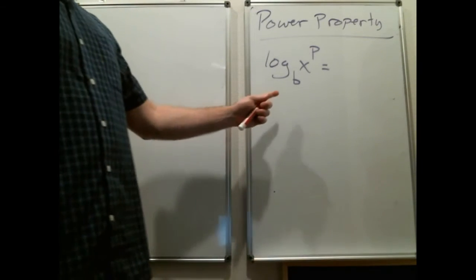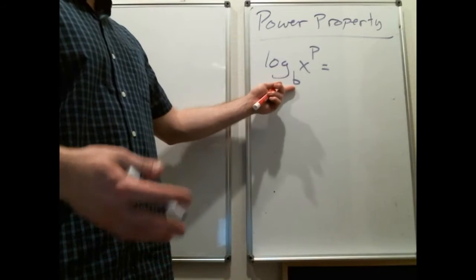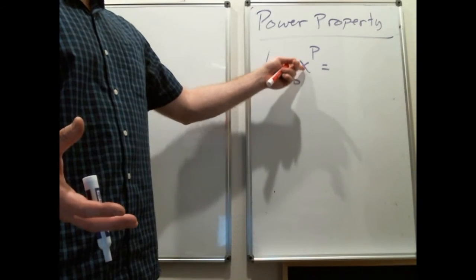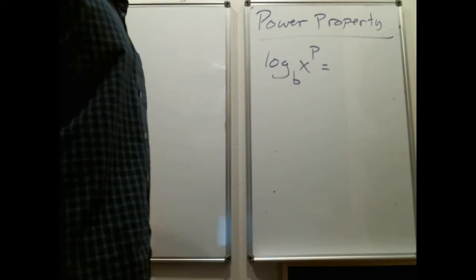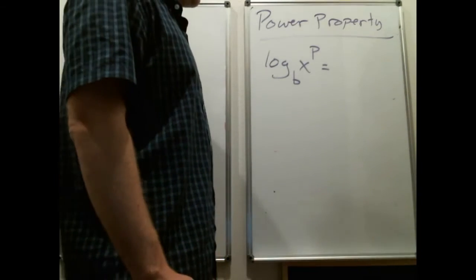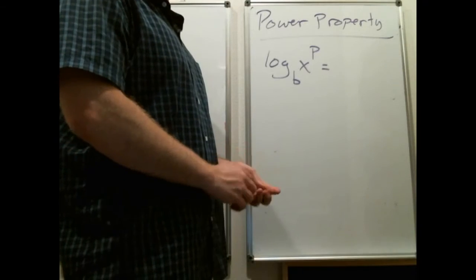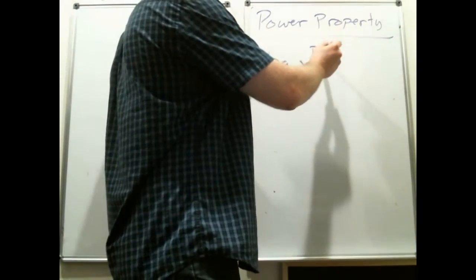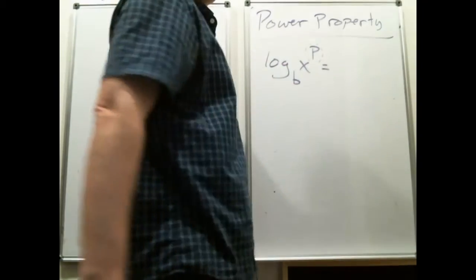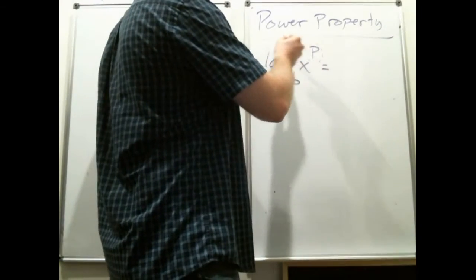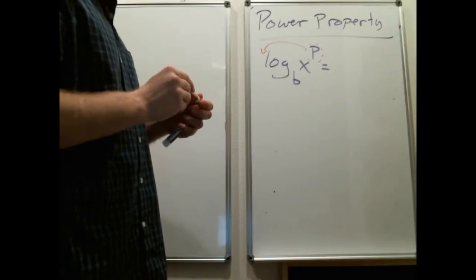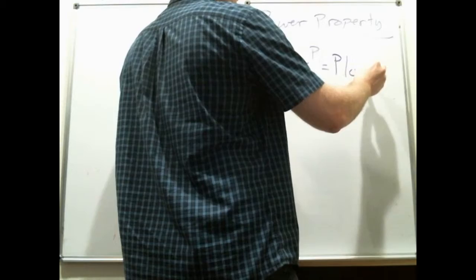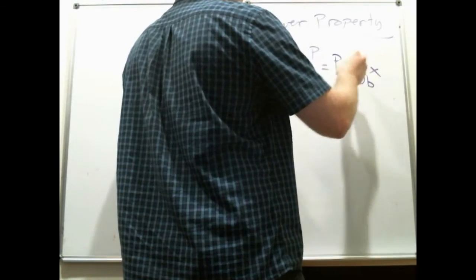So we have our normal base, whatever it is, and then our x, and that is raised to some power. What happens here is the power property allows us to take that power, or the p here, and bring it to the front of that entire term. So now we're multiplying: p times log base b of x.